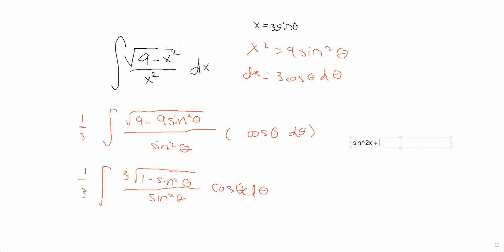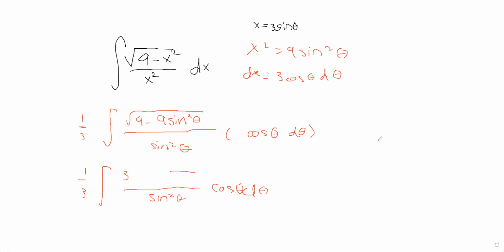This one right here. Oh, that one. We could change the 1 into sine squared plus cosine squared, and then we have a minus sine squared. So it'd just be the square root of cosine squared theta, which is just cosine theta. Yep. Okay. Fantastic.